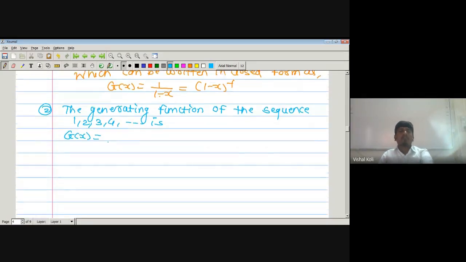From the definition, the generating function g of x is nothing but a0 plus a1x plus a2x square plus up to so on. But here a0 is 1, plus a1 into x, a1 is 2, 2 into x, plus a2 into x square, a2 will be 3, 3 into x square, plus 4 into x cube plus up to so on.